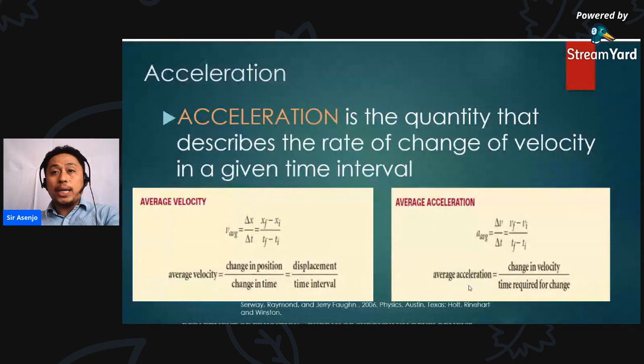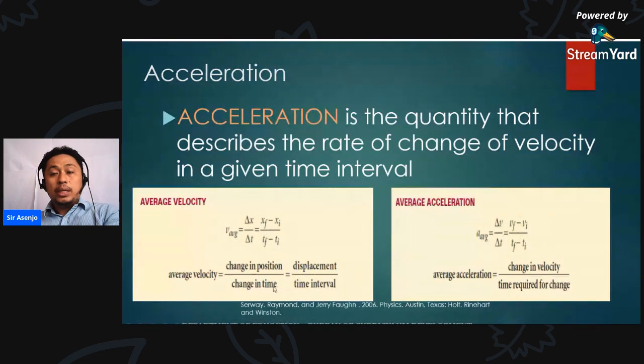Let's try to differentiate. In mathematical terms, average velocity is equal to delta x divided by delta t, which is equal to final x, where x stands for displacement, minus initial x, over tf minus ti. tf means final time and ti stands for initial time.